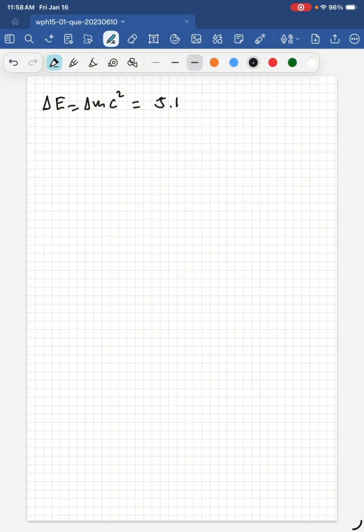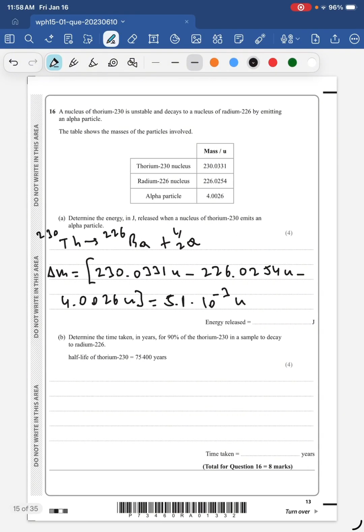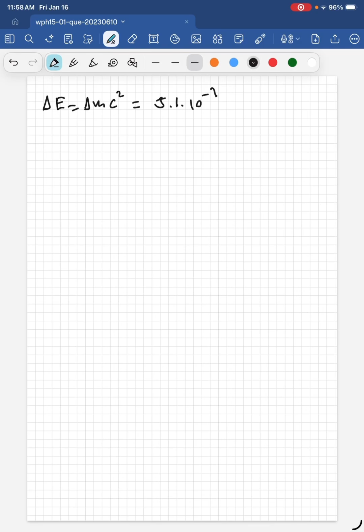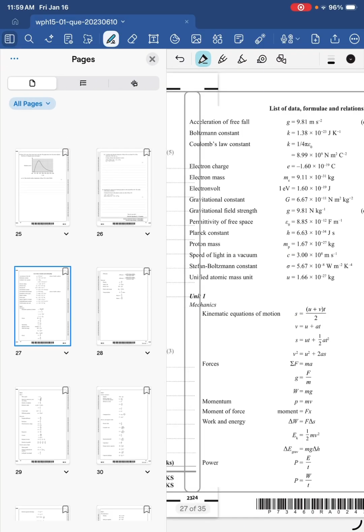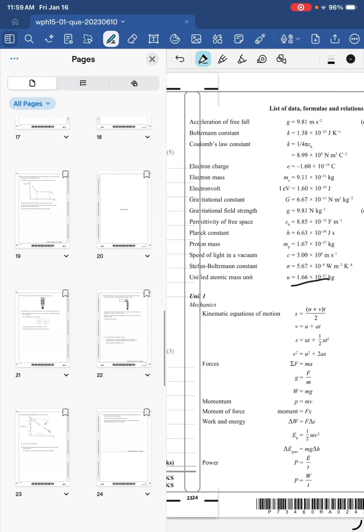So we have 5.1 times 10 to the negative 3, and then one atomic mass unit is 1.66 times 10 to the negative 27. I have a moment of doubting myself right now. Yes, that's correct.